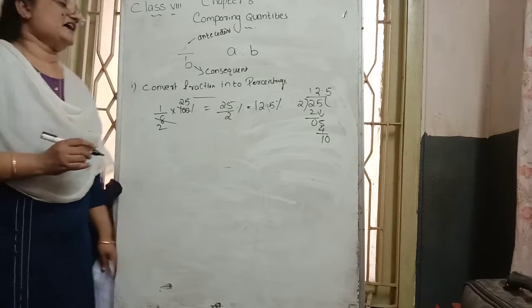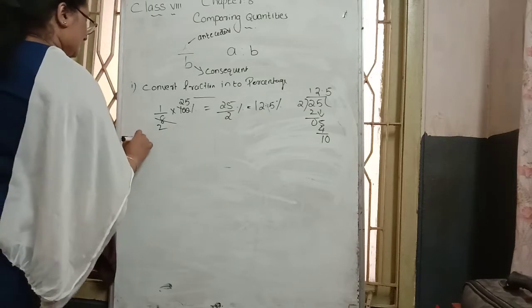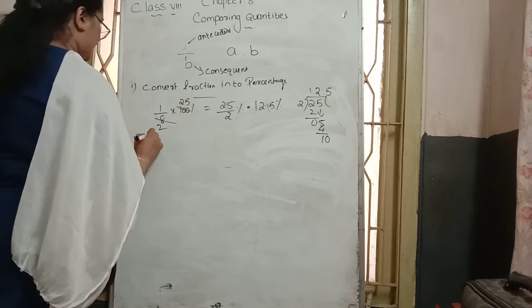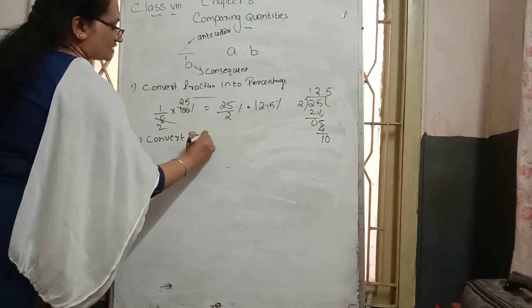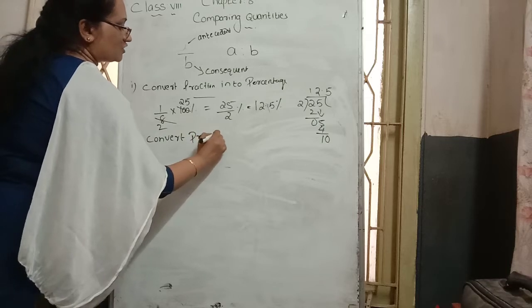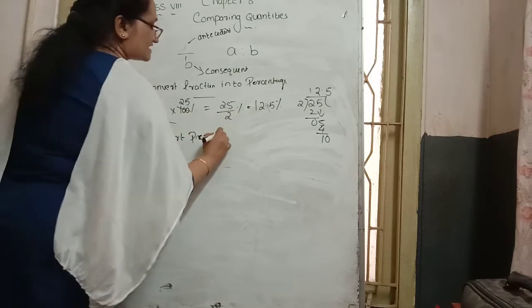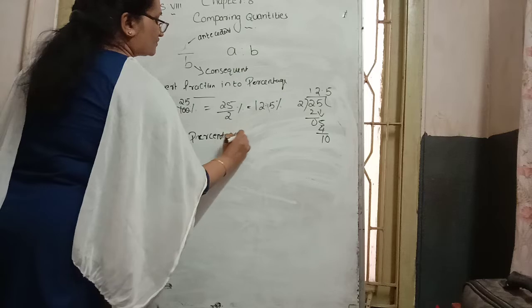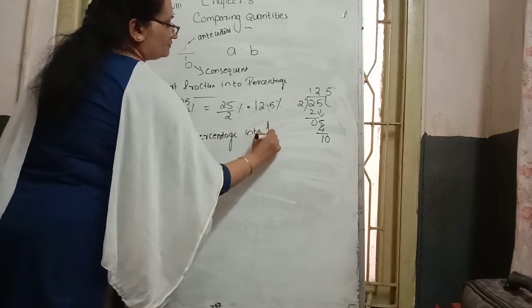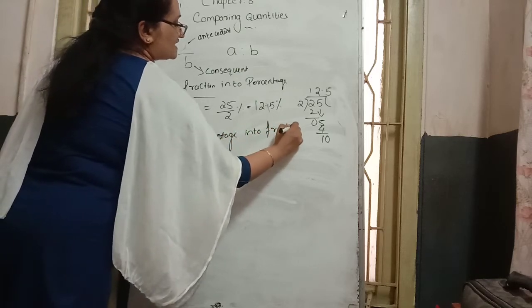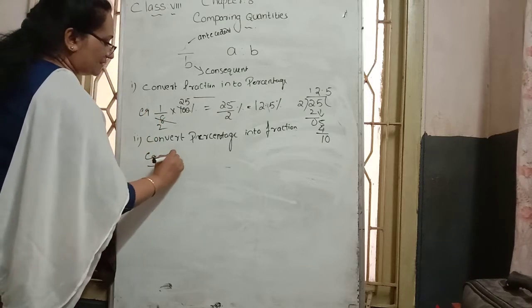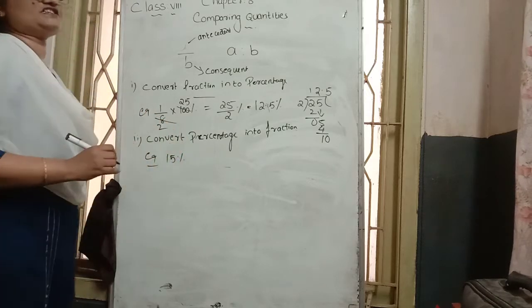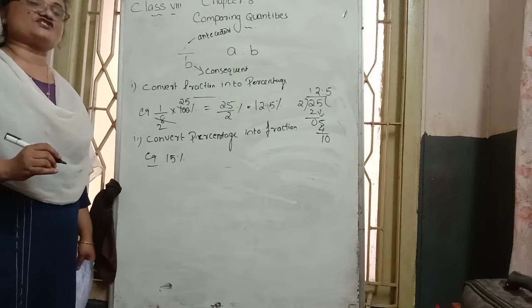So remember, when a fraction number is given, how to convert to a percentage? Multiply with 100 percent. The second rule says convert percentage to fraction. How to convert a percentage into a fraction? Example, 15 percent, we want to convert this percentage to a fraction.